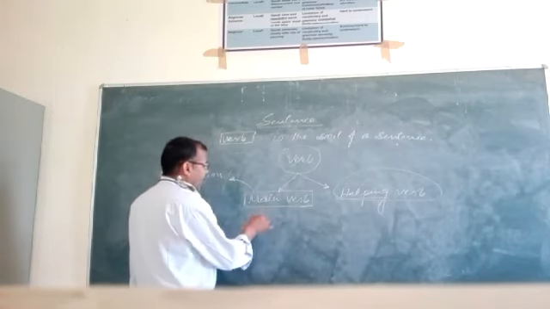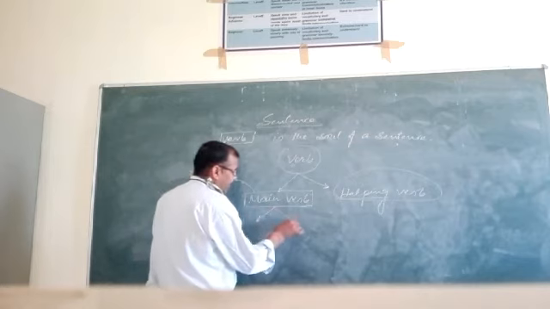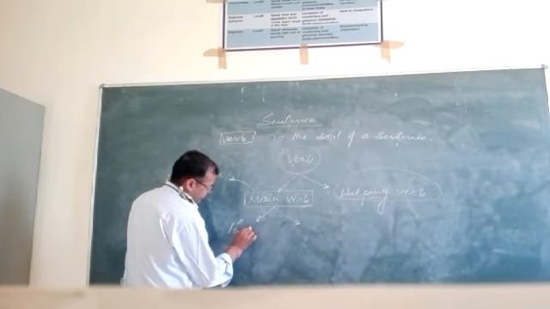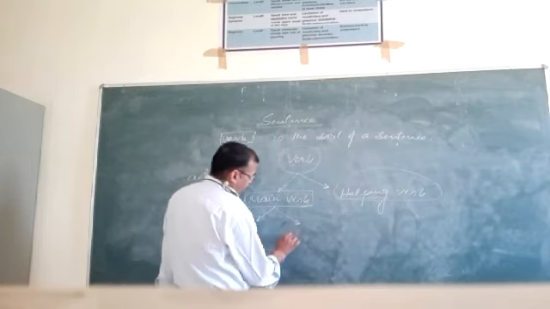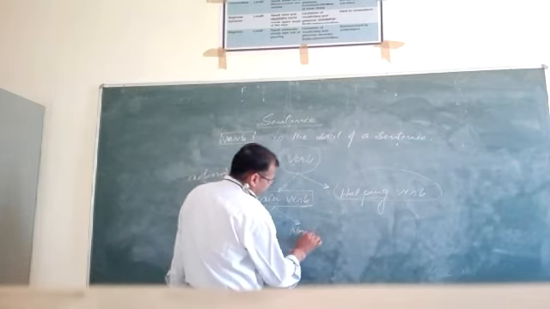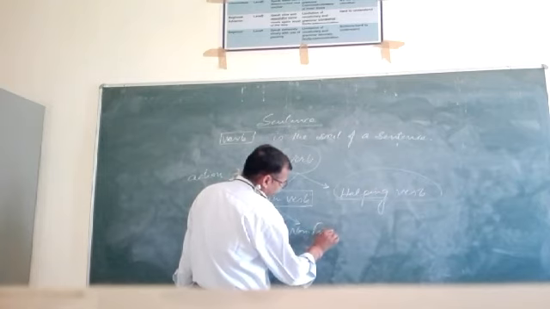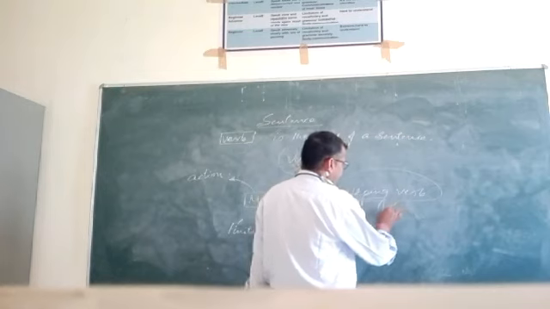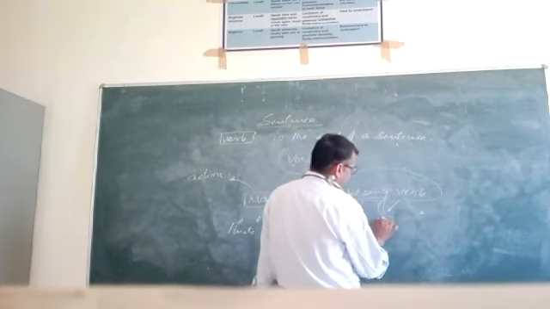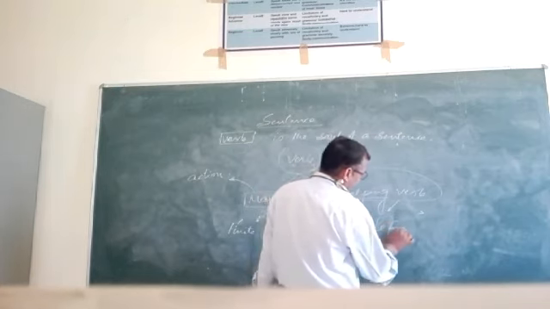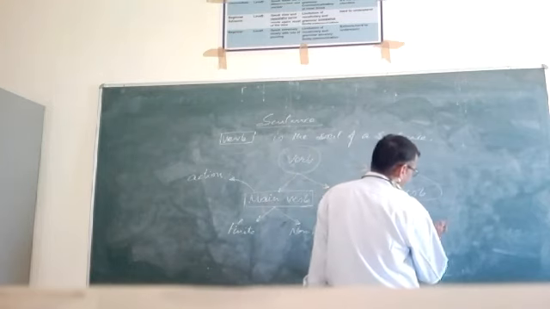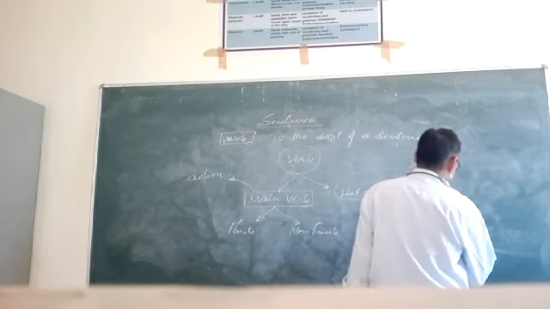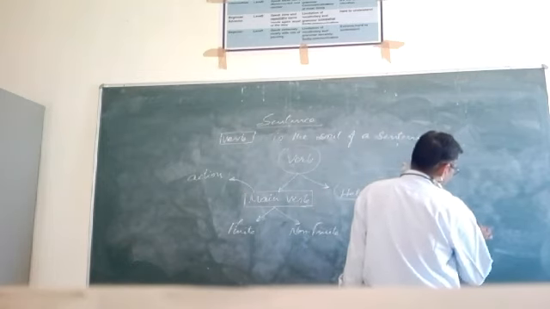But here, the main verb is found in two forms: finite verb and the other, non-finite. Helping verbs are the be forms, and the other is the modal auxiliary verb.